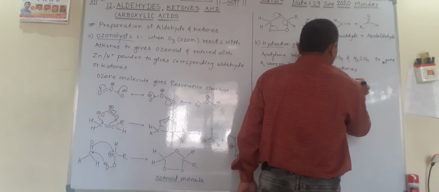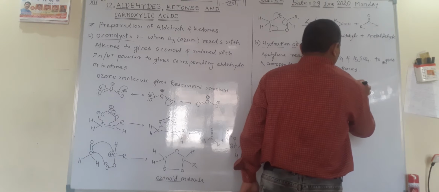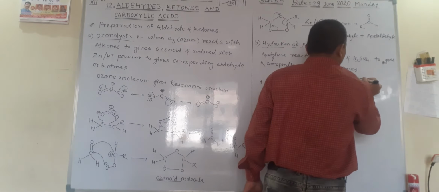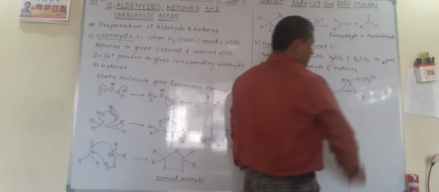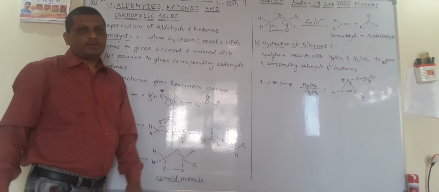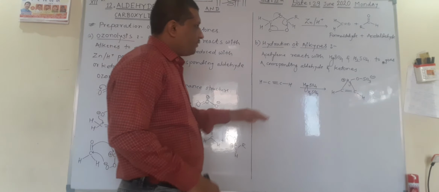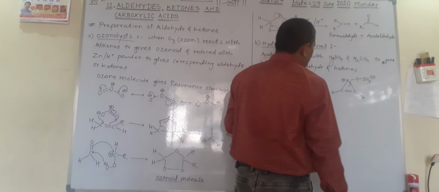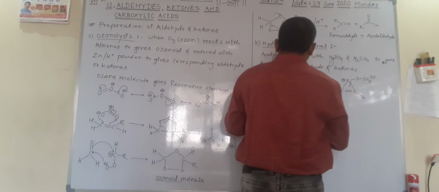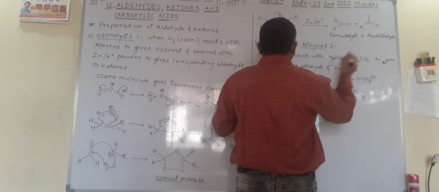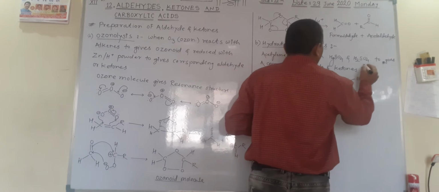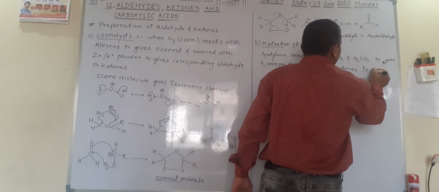It reacts with Hg plus OSO3 minus. This intermediate compound is formed. Now it is further hydrolyzed by reacting with a water molecule. Acetylene reacts with HgSO4 and, in the presence of water, gives the corresponding aldehydes.